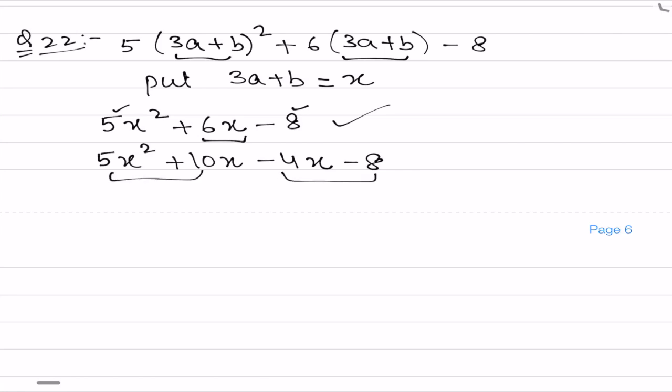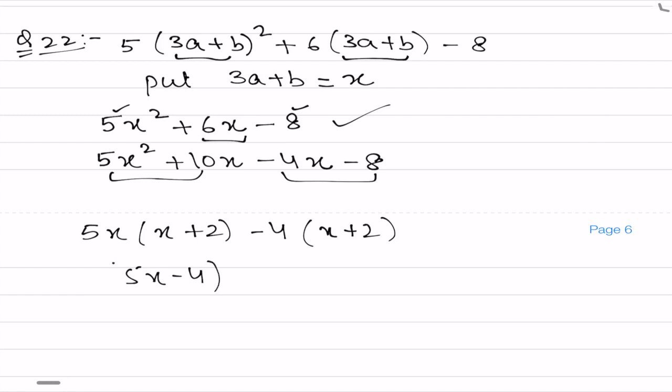So again grouping the first two and last two: 5x into x plus 2, minus 4 is common, x plus 2. So 5x minus 4 into x plus 2 are the factors. But this is not the answer. Why? Because our question is in the form of a and b. So after getting the factors, you have to put back the values of x.